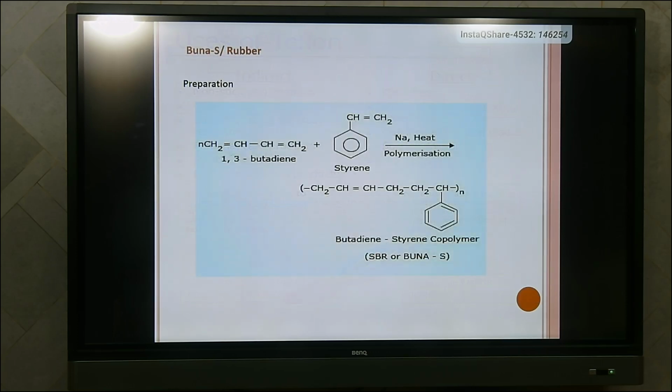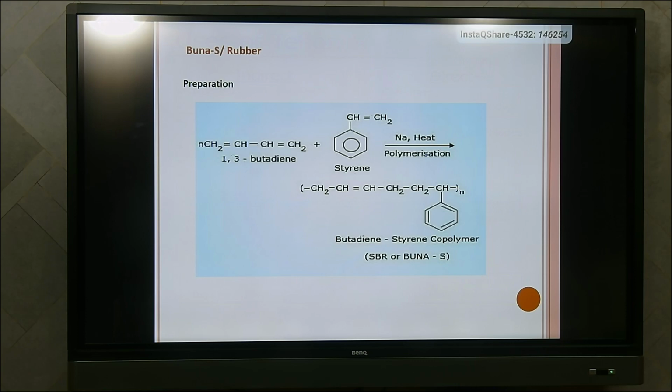Now we'll pass on to the last polymer, rubber. Here is the diagrammatic representation of the synthesis of rubber, which gives you two monomers. The first monomer is butadiene and the second monomer is styrene, which undergo polymerization in the presence of sodium.